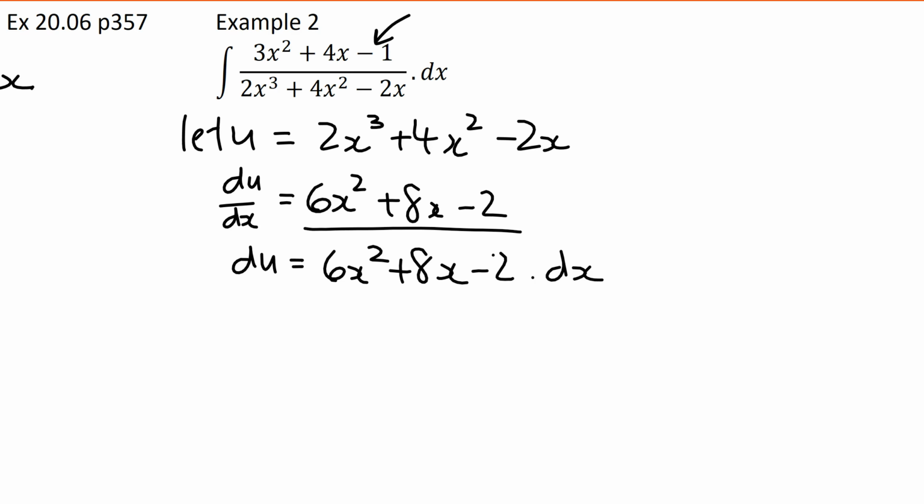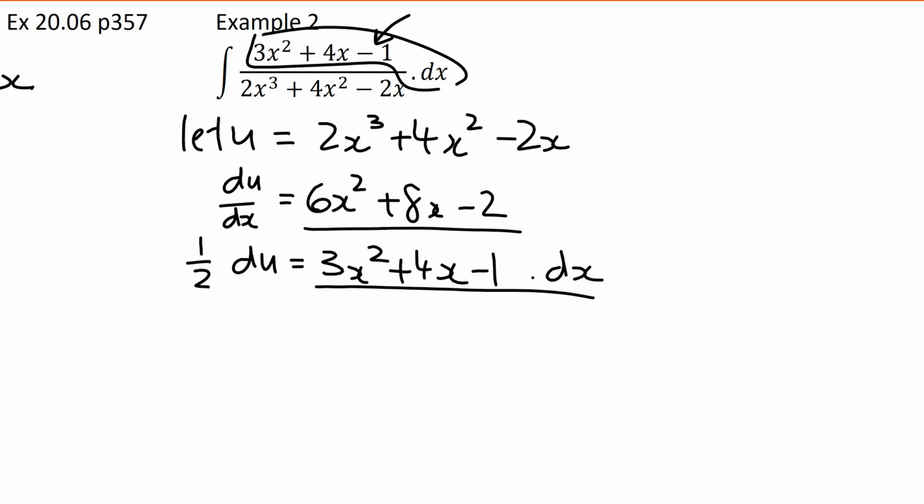What I did previously was I went, if I times that by a half and times that by a half, that becomes 3, that becomes 4, that becomes 1, which is my top line, eh? So therefore this, which is that part there, becomes a half du.